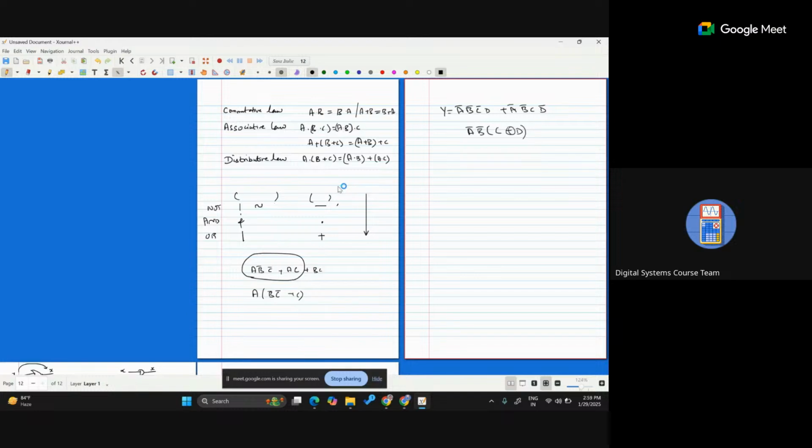What is the inference from here? From this expression, did I simplify or not? Operation-wise, I simplified. Instead of AND gate and NOR gate, OR gate, I simply use a single XOR gate. I can produce this.